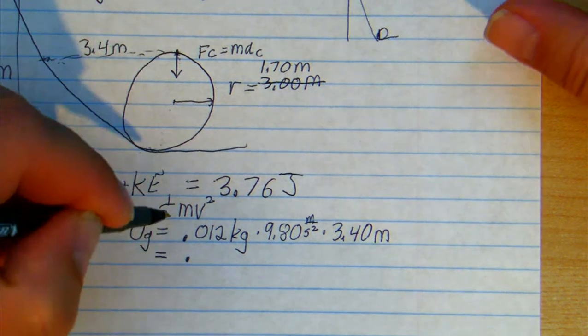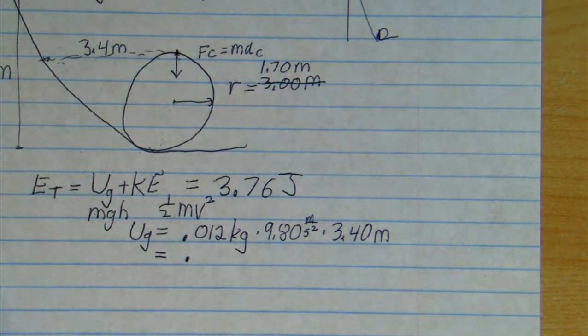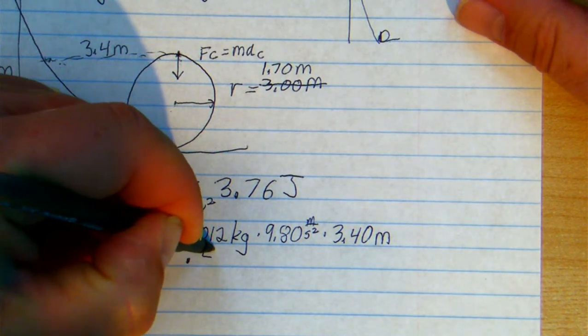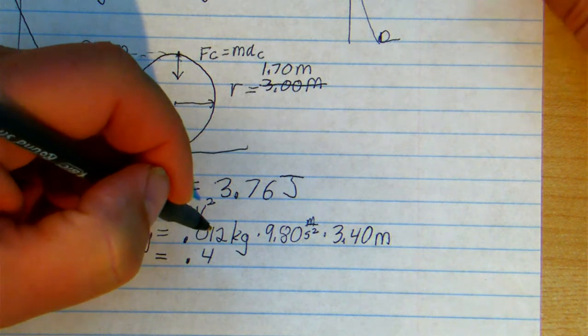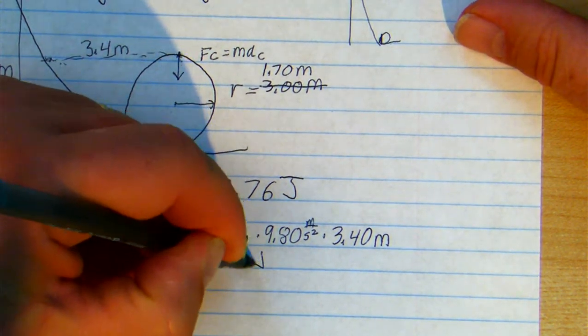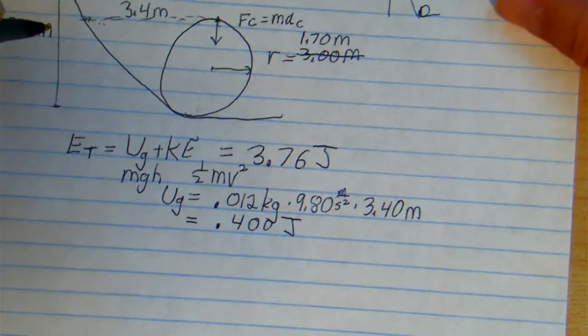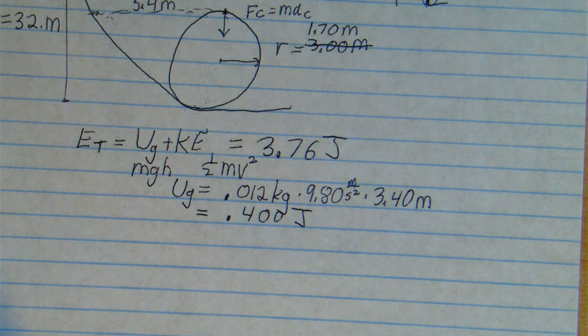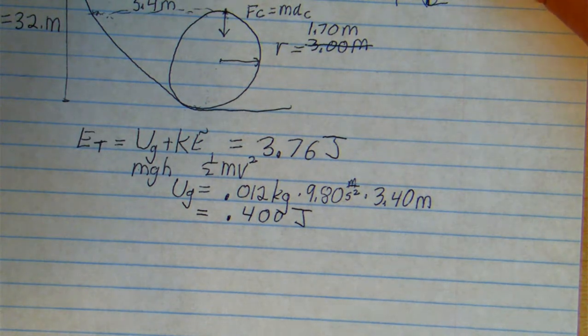So my calculator says 0.39984. So I'm going to call that 0.400 joules. To 3 sig figs, it's 0.400 joules. Okay?